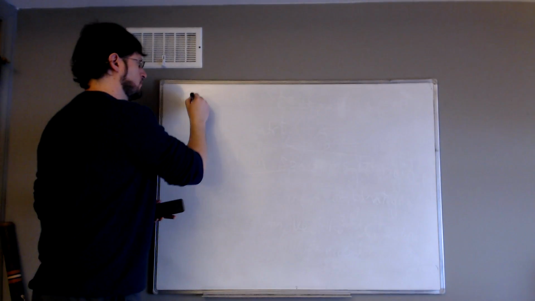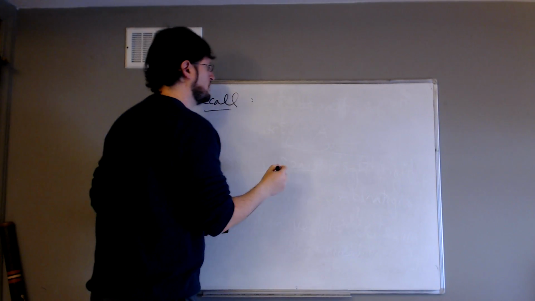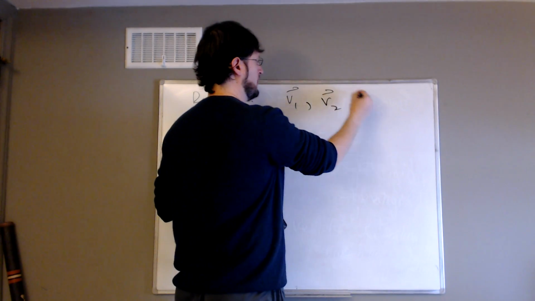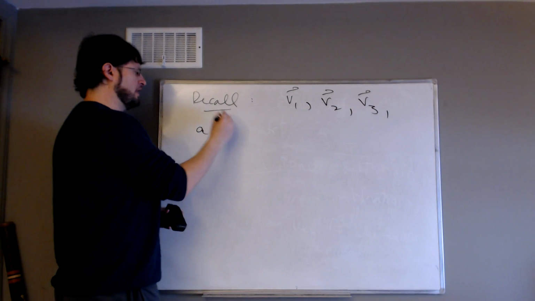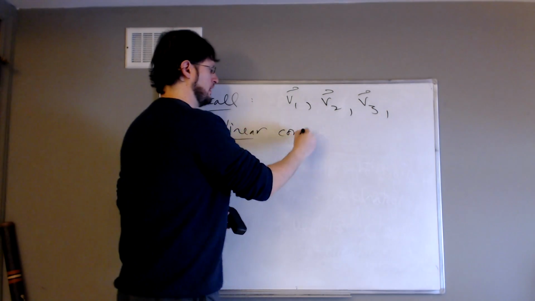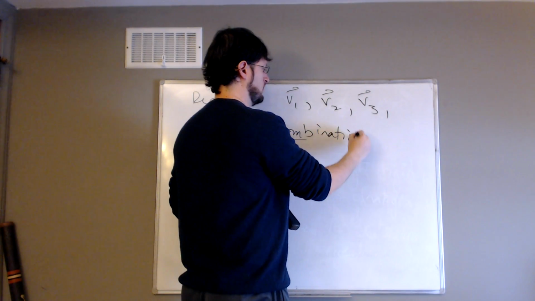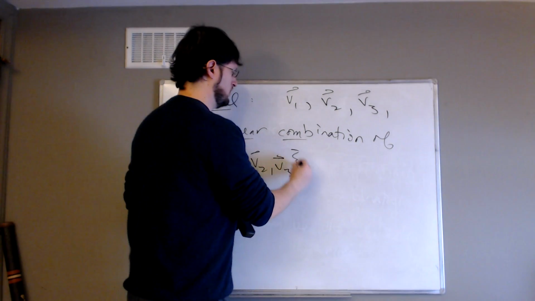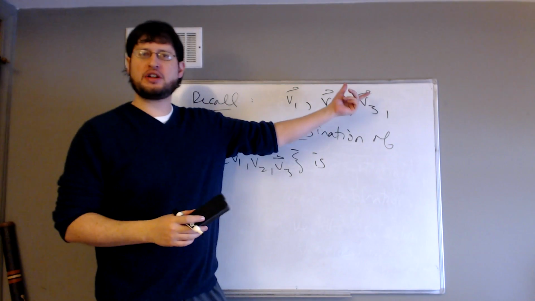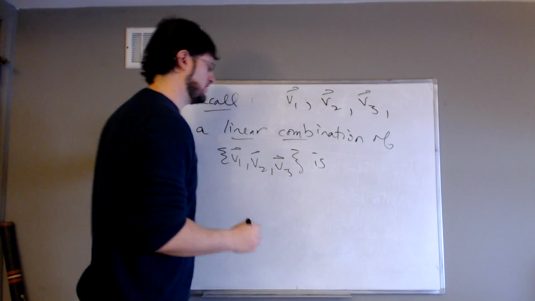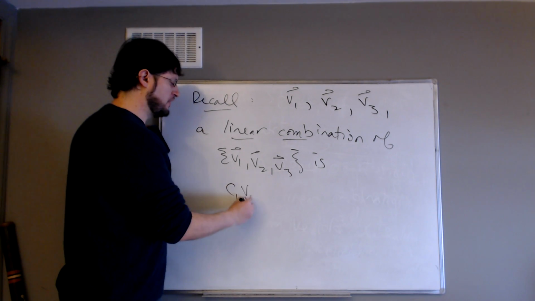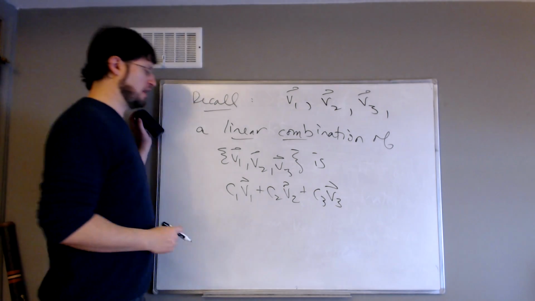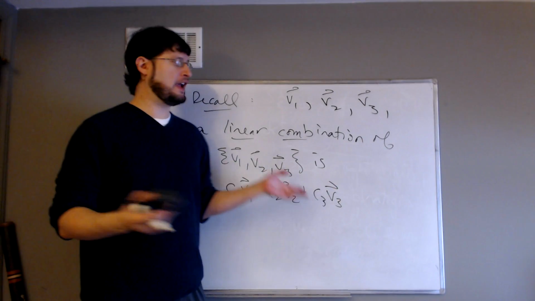Recall, if I have vectors v1 and v2 and v3, a linear combination of v1, v2, v3 is just an added up version where each of these might be scaled by different scaling factors. It is C1 v1 plus C2 v2 plus C3 v3. That's a linear combination where C1, C2, and C3 can be anything I want them to be.